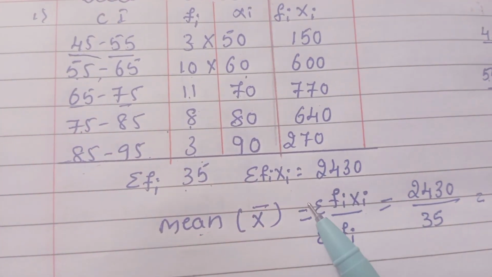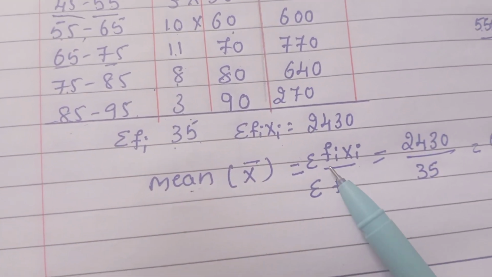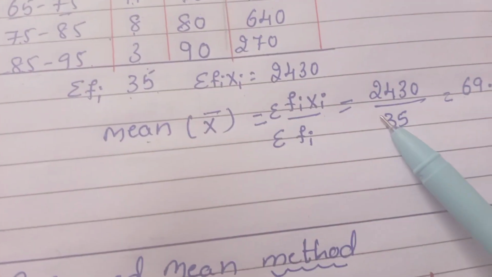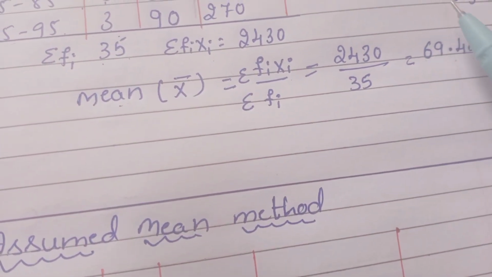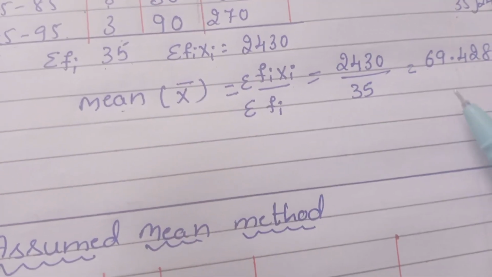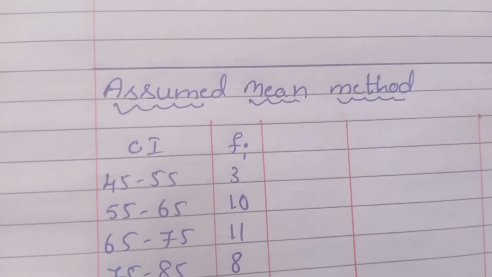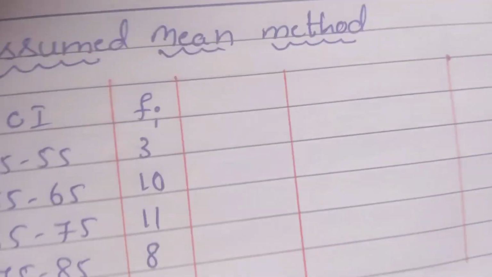Sigma means addition. Mean formula in direct method: sigma Fi Xi divided by sigma Fi. 2430 divided by 35, we will do the normal division. We get 69.428.